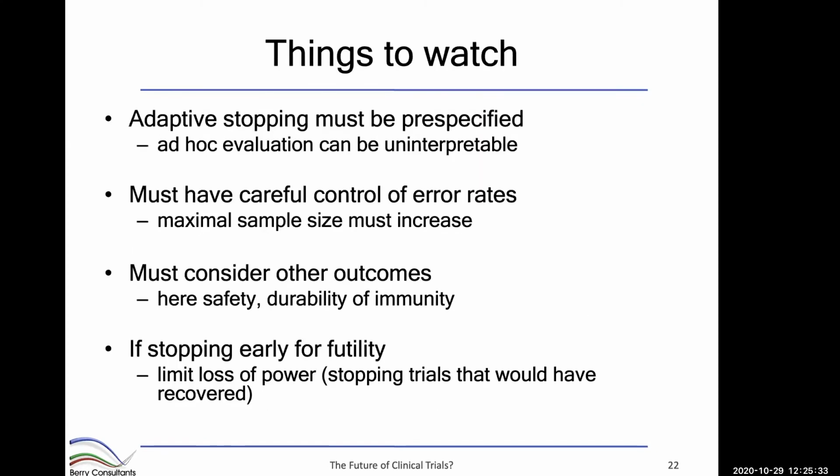The kinds of things that you want to watch in this kind of trial, let me pause for a second. I don't have a slide on this. But generally speaking, these adaptive features will save you for success stopping. You probably save 20, 30% of the sample size. For futility stopping, you can save about 50% of the sample size or more. Futility is usually the more valuable thing to do in trials.